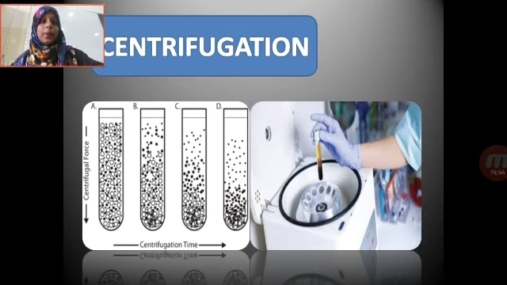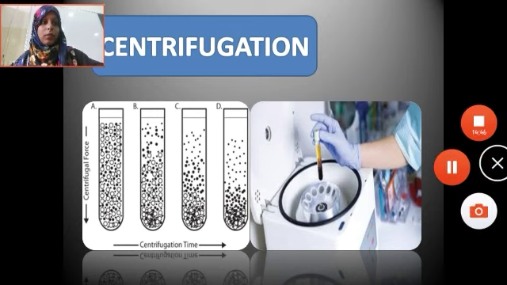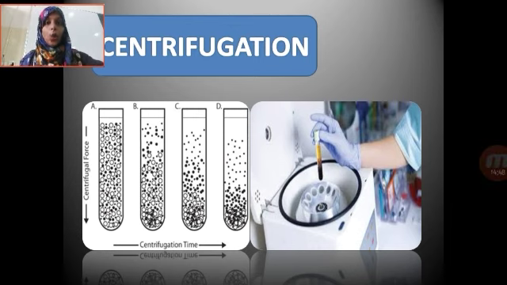Also, this process is used to obtain cream from milk. So, cream is lighter, it will get separated, and while doing a blood test, it is done to test the various blood groups present. Okay? So, this was the process of centrifugation.